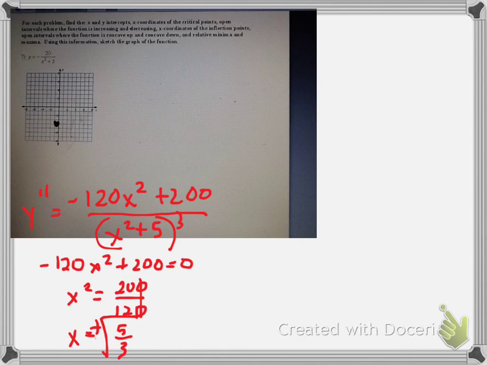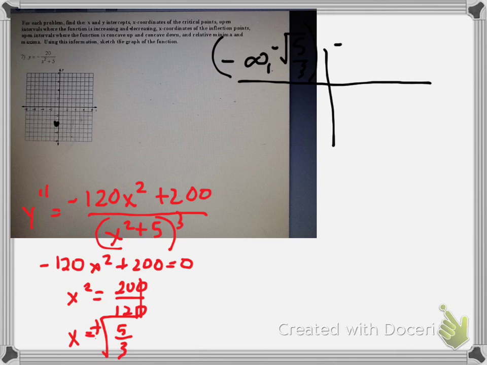So I clear out a little space here because now we have to check our intervals for concavity. So I have negative infinity to negative radical 5/3. You can't see it. Trust me, it's there. Negative radical 5/3 to radical 5/3, and radical 5/3 to infinity.